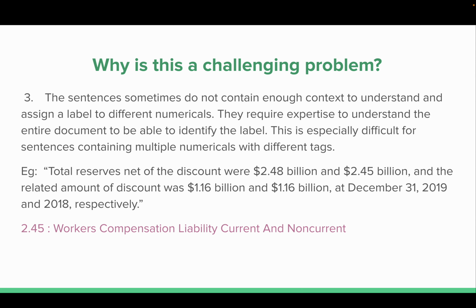"Total reserves net of the current discount were $2.48 billion and $2.45 billion," where $2.45 billion has been tagged with a particular tag called workers' compensation liability current and non-current. This tag has nothing to do with the sentence context, because the sentence context has very low similarity with this tag. So for this reason the problem is very challenging.